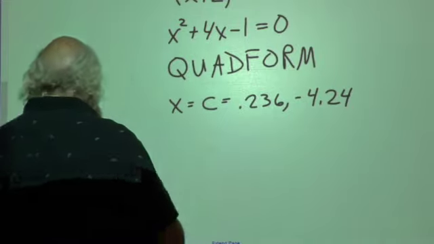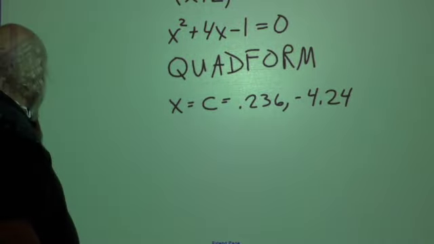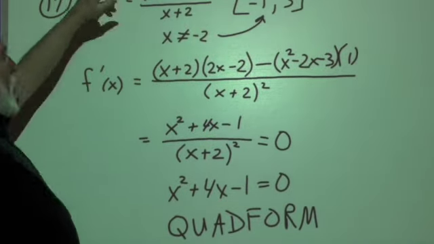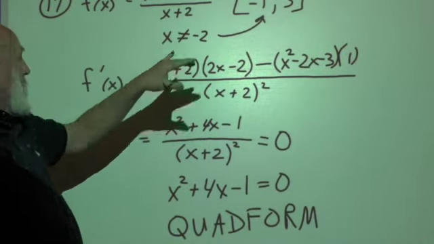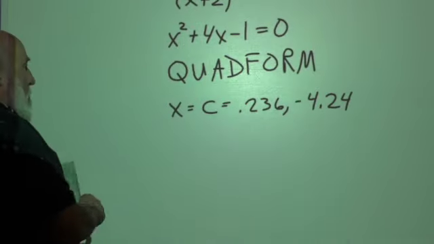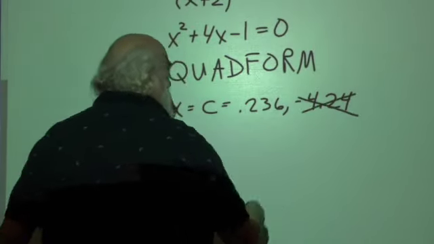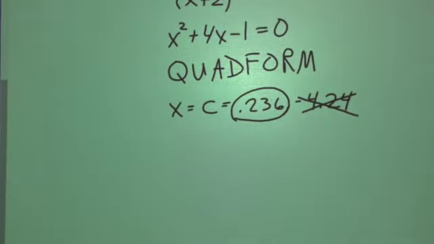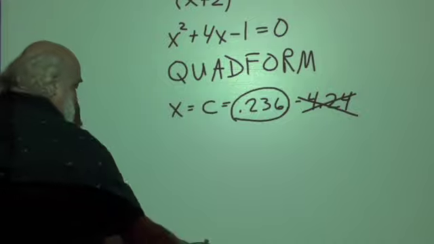Well, here's another issue. The c, the 0.236, falls in that interval, but the -4.24 does not. So this is not a value of c. This is the only value of c that we can get.